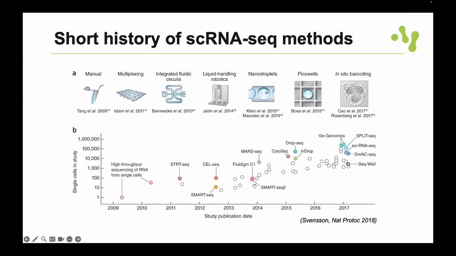And then came the nanodroplets, which really scaled up the number of cells possible to process at once. These were Drop-seq and inDrop, which is commercialized by 10x Genomics, who have released a thoroughly tested and reliable product that really scales up the number of cells you can process per sample.